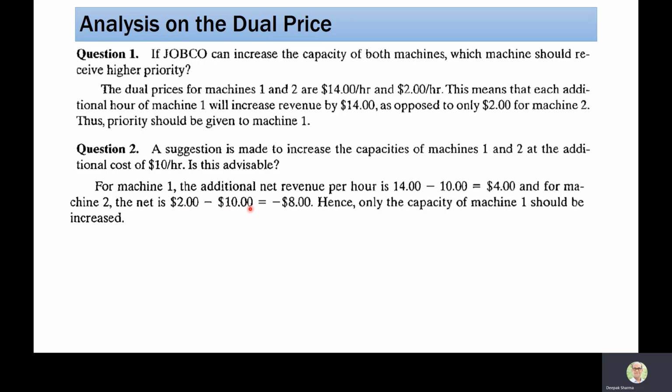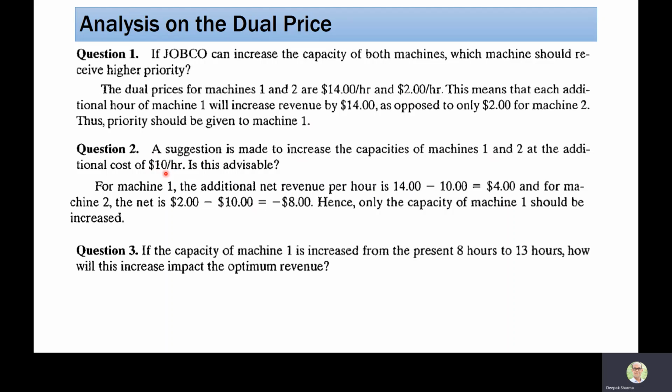But with machine 2, 2 minus 10 means it is going to be a loss for us. So if we want to increase the capacity, machine 1 will still give me revenue with respect to the additional cost.